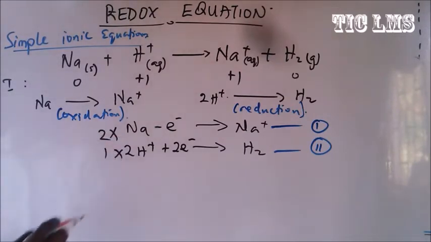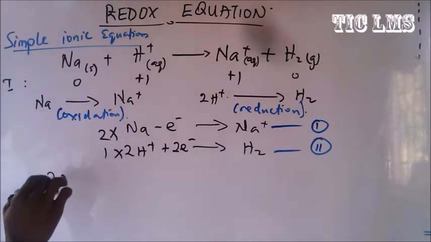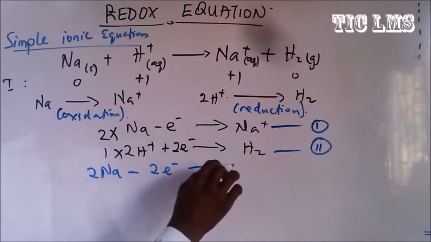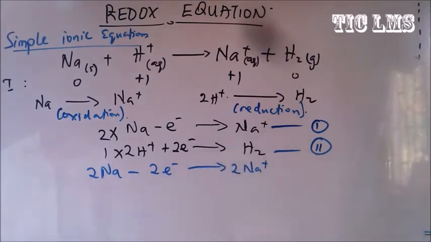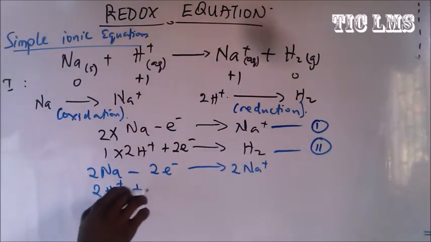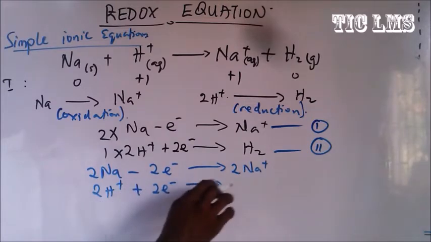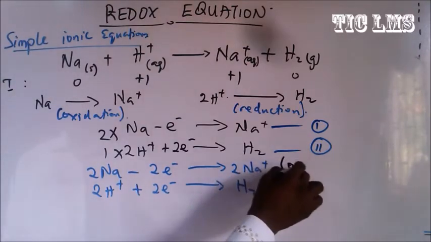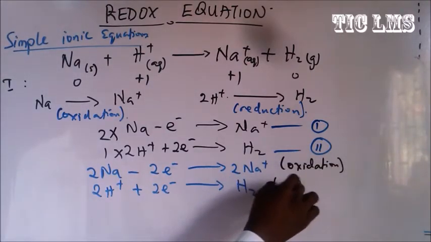And so 2 multiplied by this, we have 2Na minus 2e- to give 2Na+. And then we have 2H+ plus 2 electrons to produce hydrogen. So let's not forget that this is the oxidation and here is the reduction.